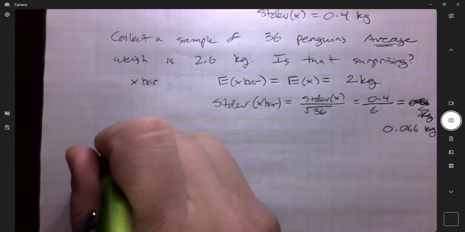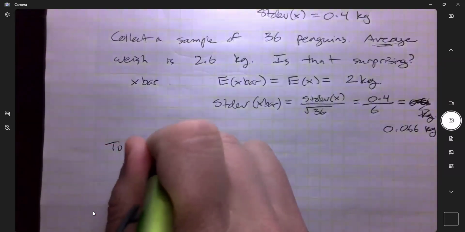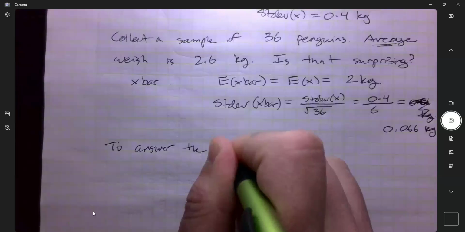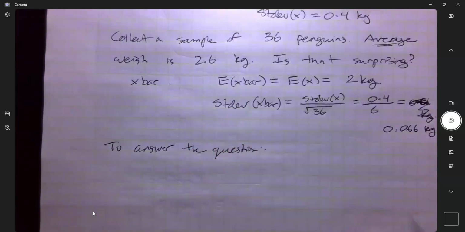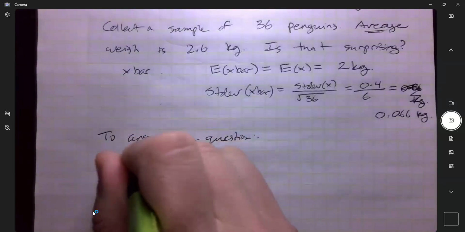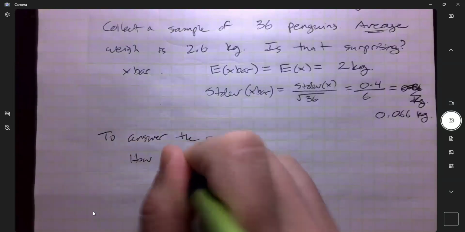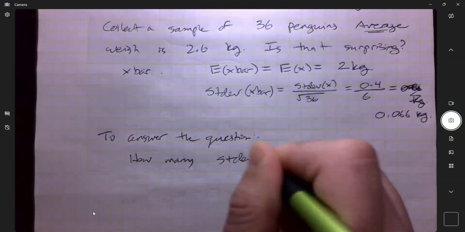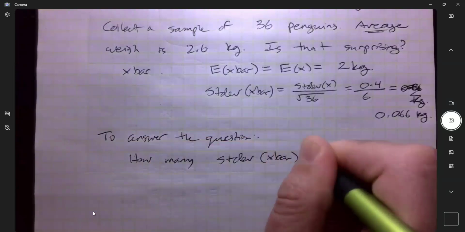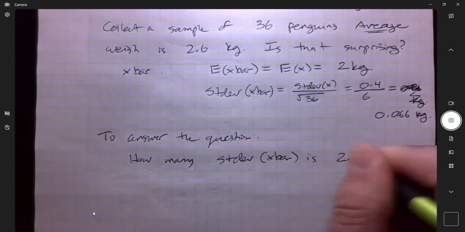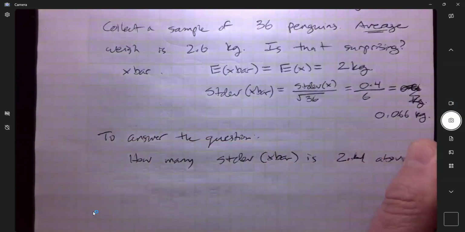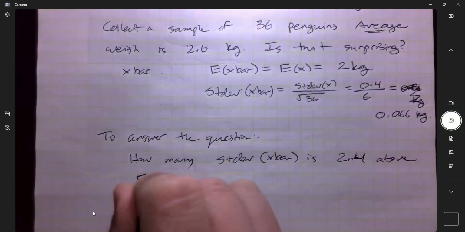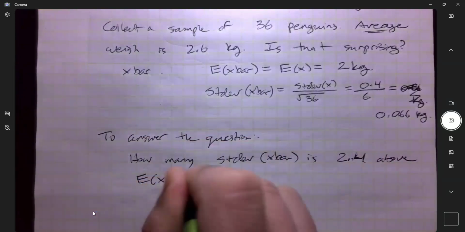So the surprise, to answer the question, I ask how many standard deviations of the mean is 2.4 above the expected value of the mean.